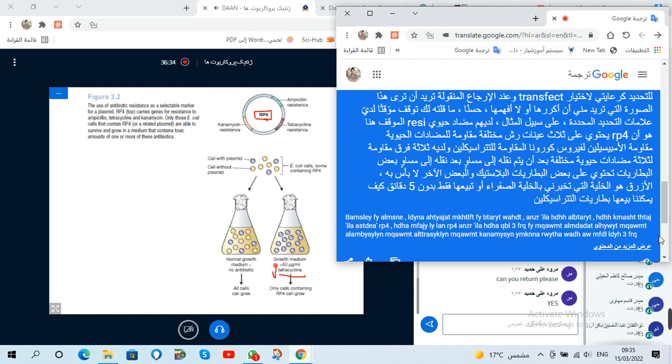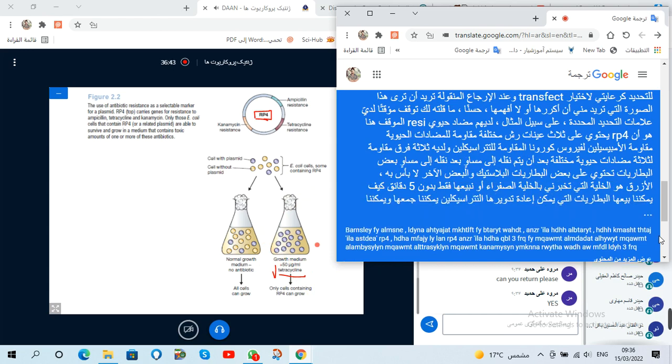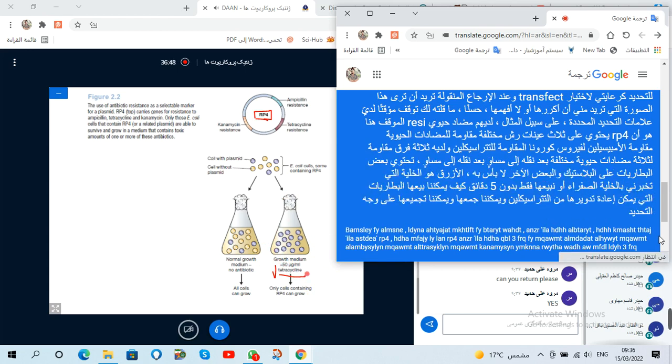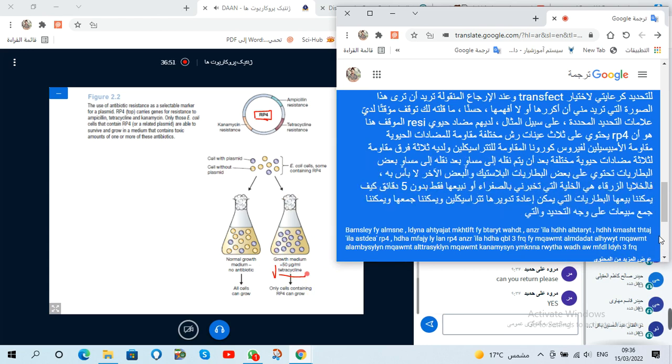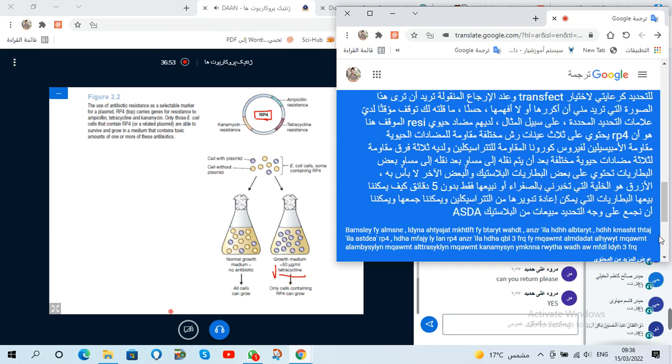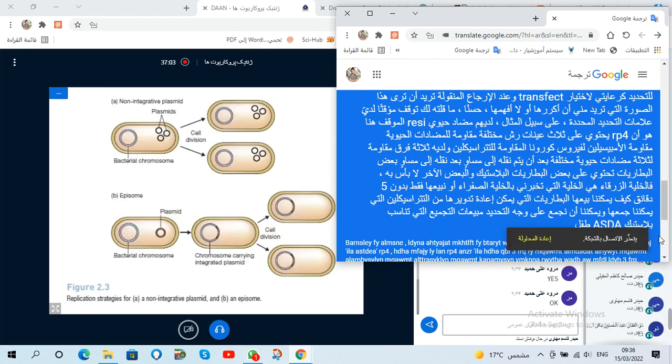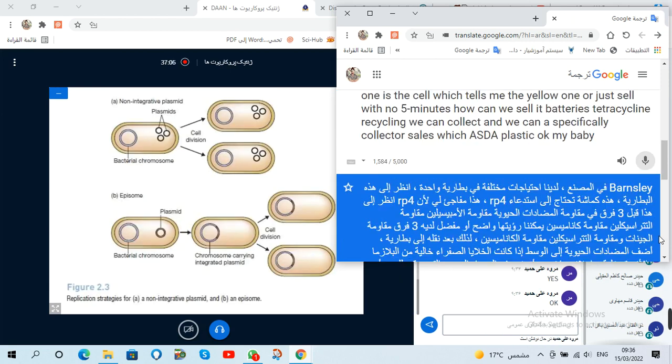After we add tetracycline, we can specifically collect the cells which have the plasmid. Okay, Marve? Here it is.